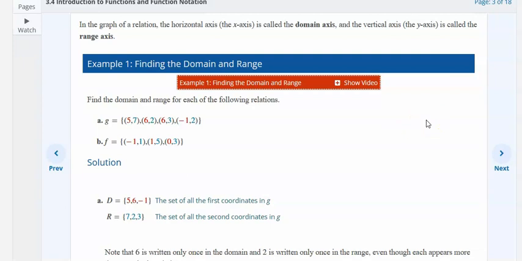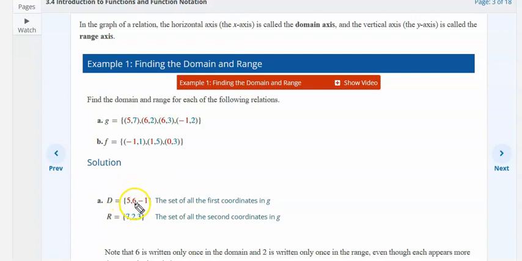So for example 1, find the domain and range of each of these relations. So what you would do here as an answer is using braces, if you're writing a set here, you'd pick out the x element. So 5, 6, 6, -1, 5.